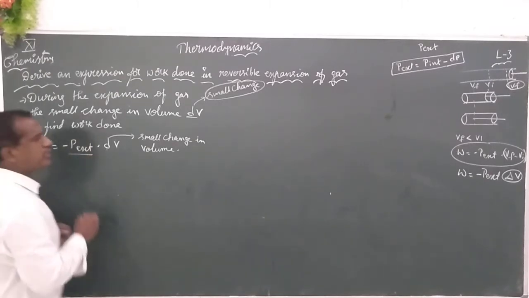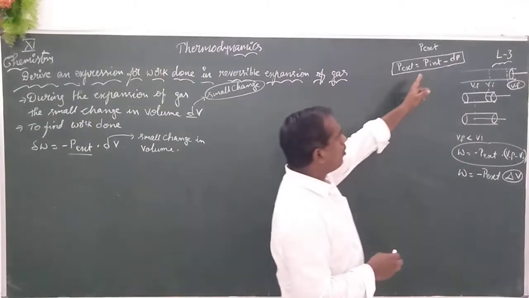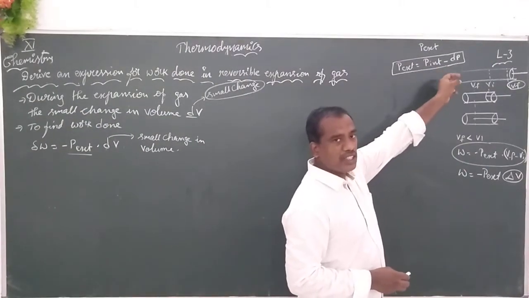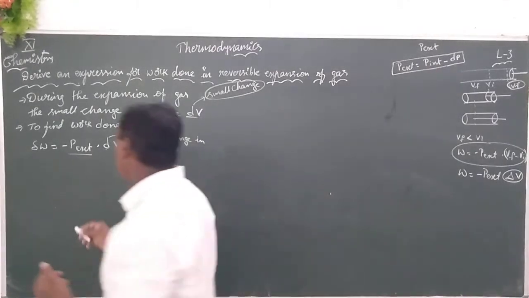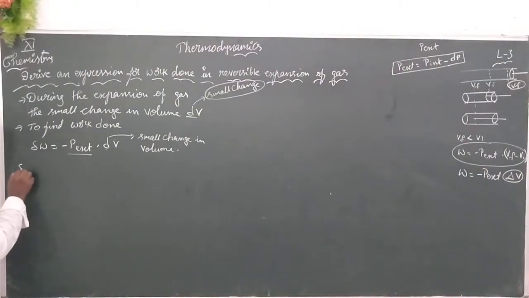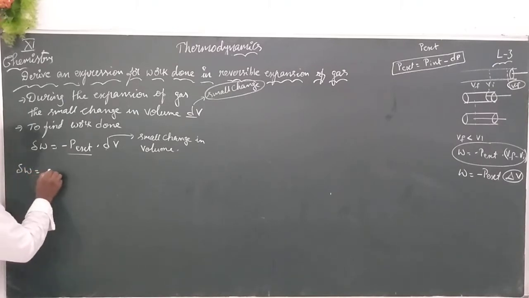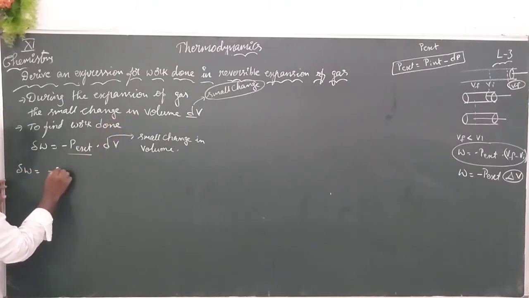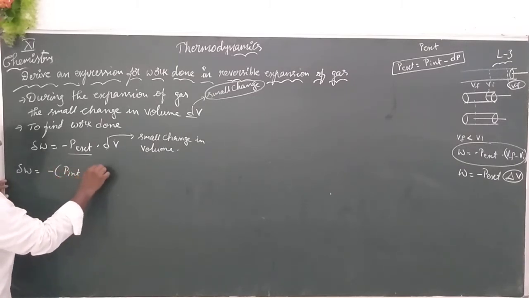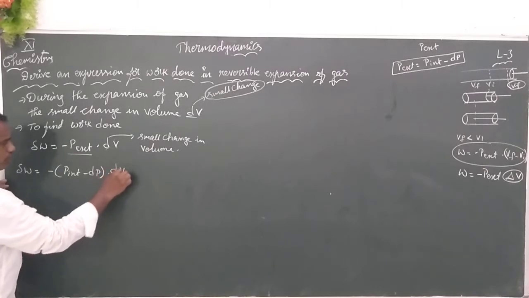But how to get this external pressure? We already came to know. It is obtained by subtracting the small change in the pressure from the internal pressure. So we are substituting the formula there. The work done is given as, in the place of P external, we can write P internal minus small change in the pressure, into dV.